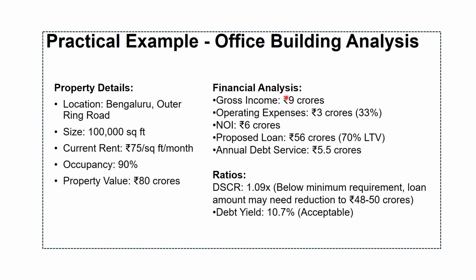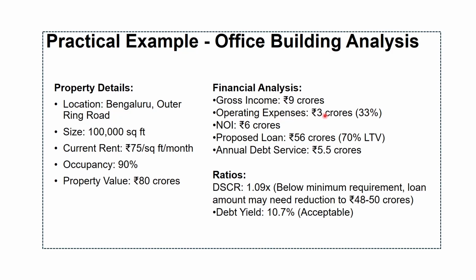Then let us take a practical example here of office building analysis. This is a 10,000 square feet property on Outer Ring Road in Bangalore, and has a current rent of 75 per square feet per month and 90% occupancy and an 80 crore value, and the gross income is 9 crores.